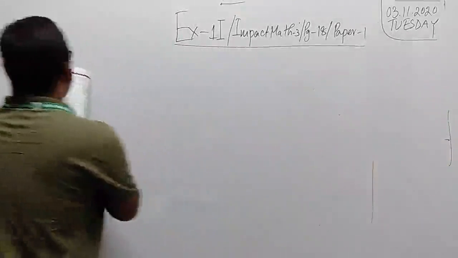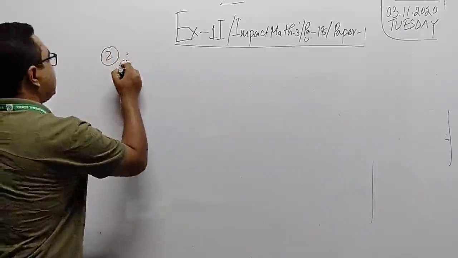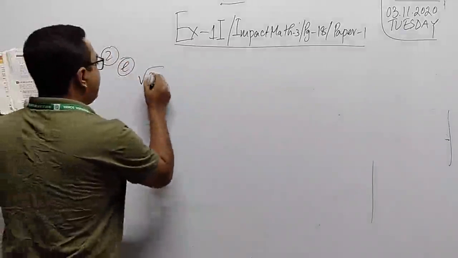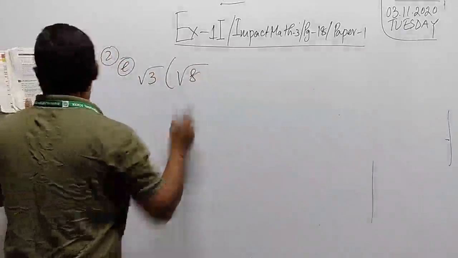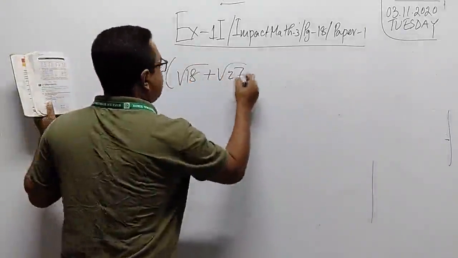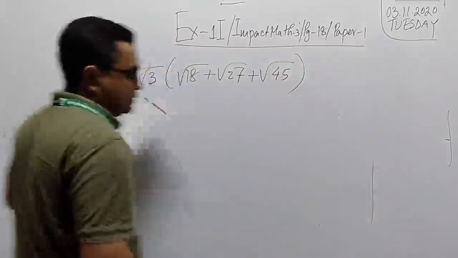Problem number 2. What is it? 2E. Square root of 3 times (square root of 8, 18, square root of 27, square root of 45).